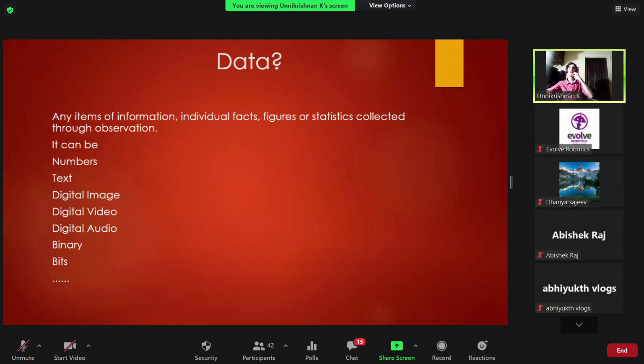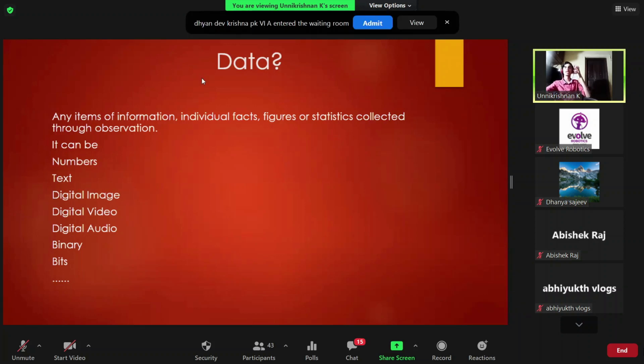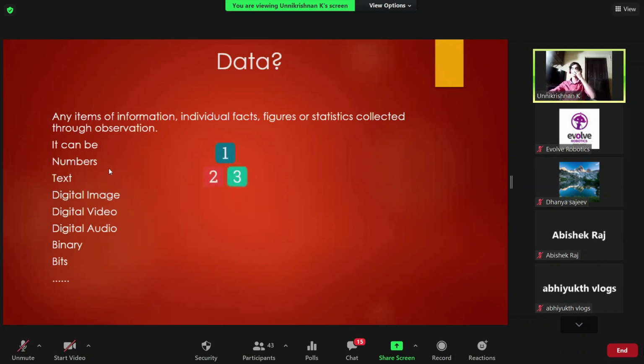When we study data science in more depth, we will understand each of these. I'll give you some examples of data. Data can be a number such as 1, 2, 3, like the age of a person or a phone number, data that can be expressed in numerical terms.